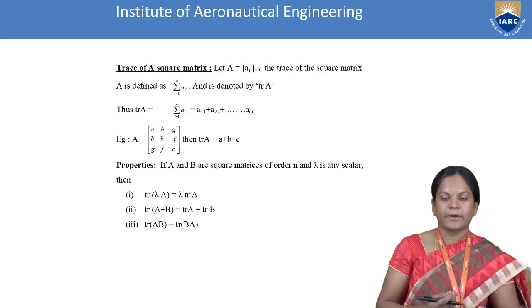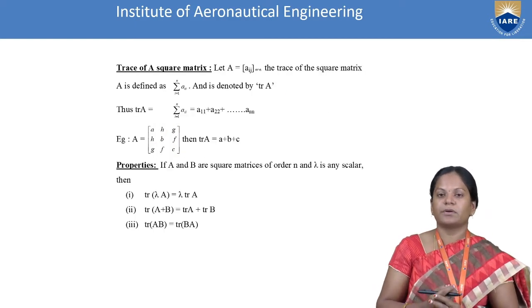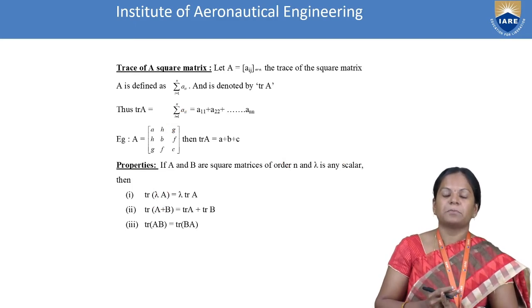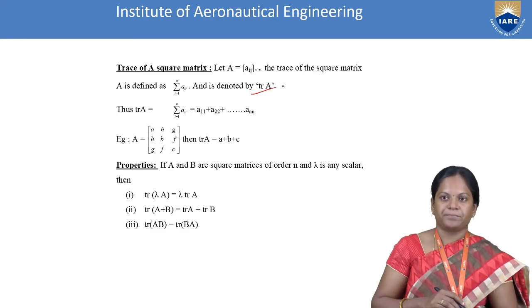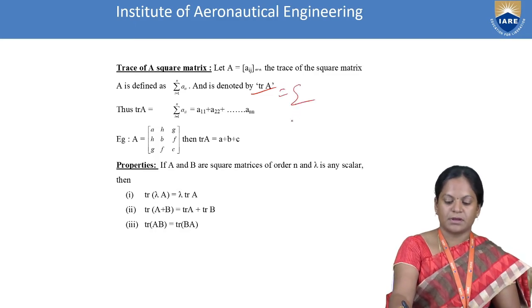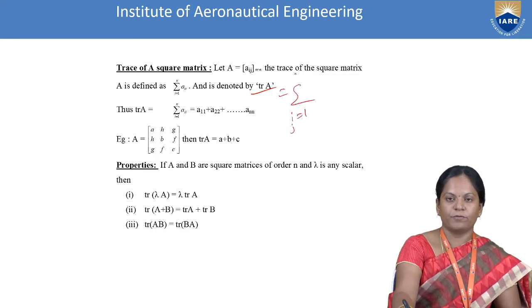Now, the trace of a square matrix. What is the trace of a square matrix? Capital A equal to Aij, a general matrix of order n by n. The trace of the square matrix capital A is denoted by tr A, and we take the sum of all the diagonal entries, with i running from 1 to n.